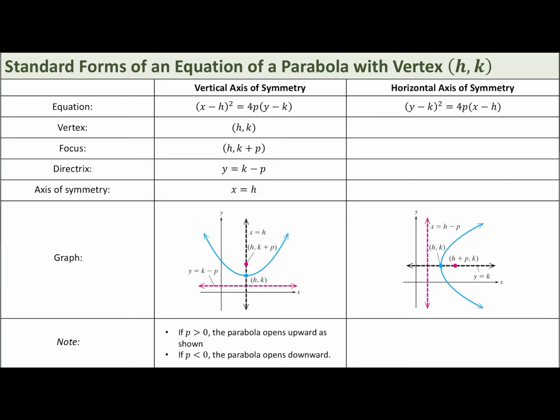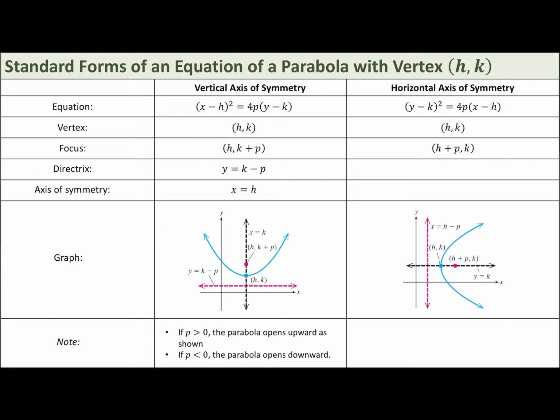Right, so as you can see, in place of y, we have y minus k, and in place of x, we have x minus h. So it's the very same as ellipses and hyperbolas. It doesn't matter the order that they come in the equation. We're just replacing x with x minus h, and we're replacing y with y minus k. And that gives us a vertex of (h, k).